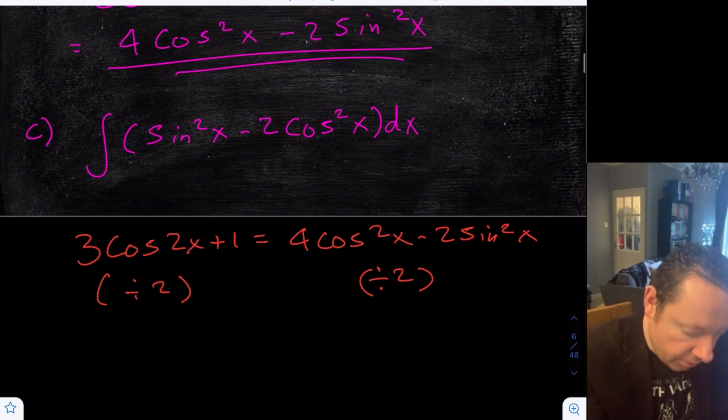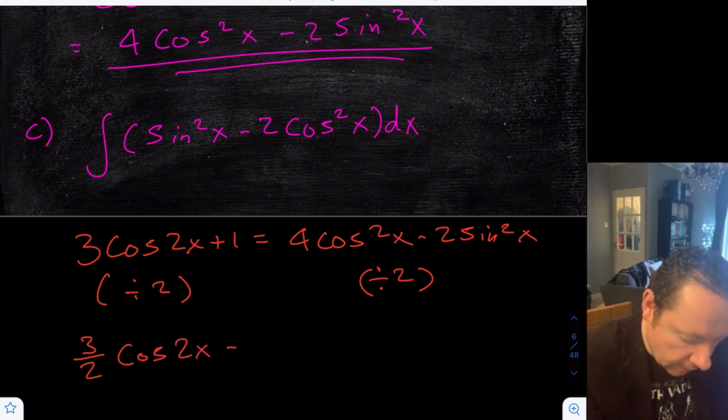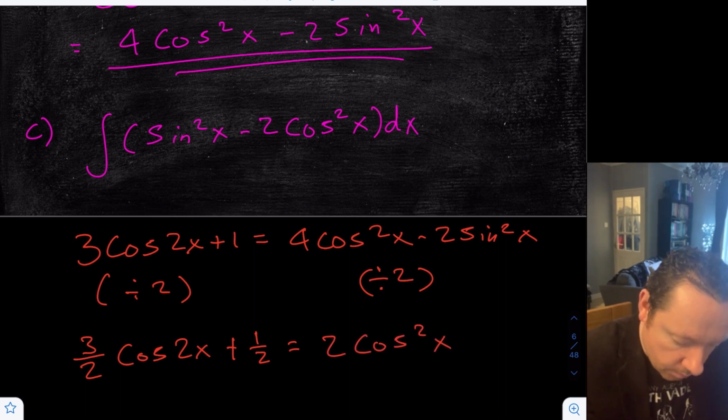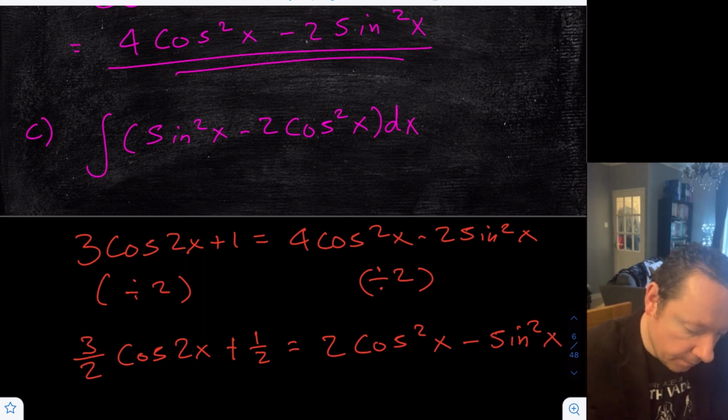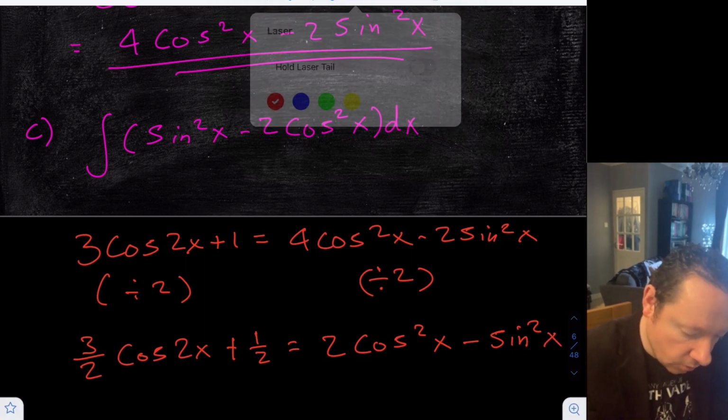We would get 3 over 2 cos 2x plus a half equals 2 cos squared x minus sine squared x. But this is the opposite signs on here.